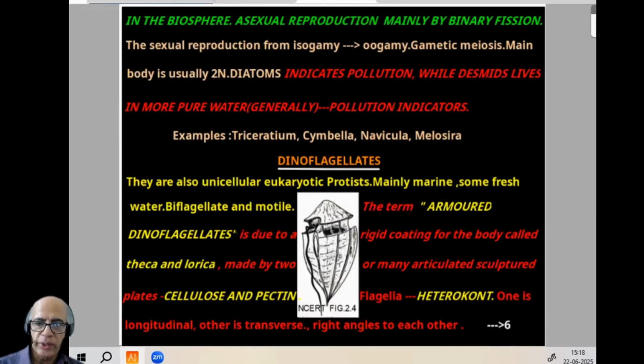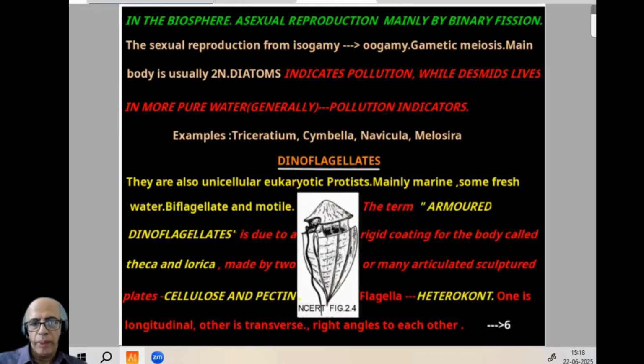They are also unicellular eukaryotic protists, mainly marine. Some are freshwater, biflagellate and motile. The term armored dinoflagellate is due to a rigid coating for the body called theca or lorica, made by two or many articulated sculptured plates made of cellulose and pectin.